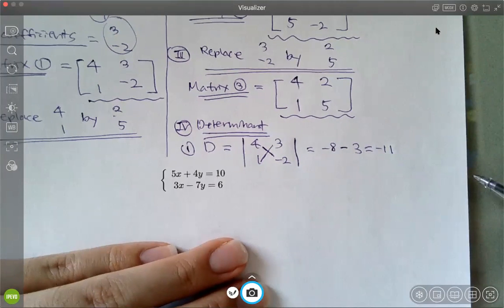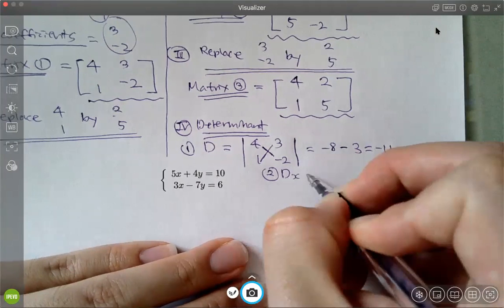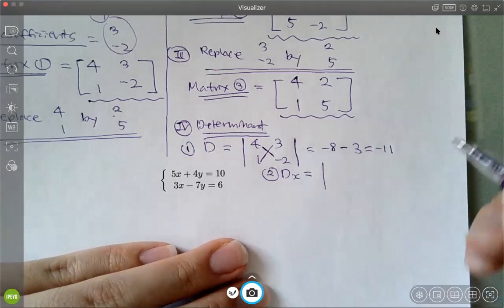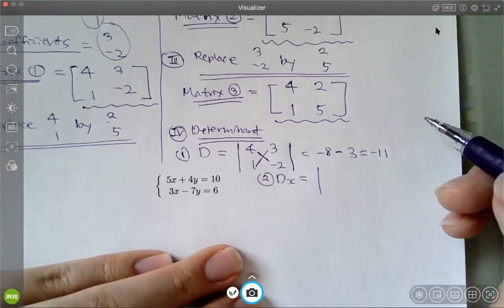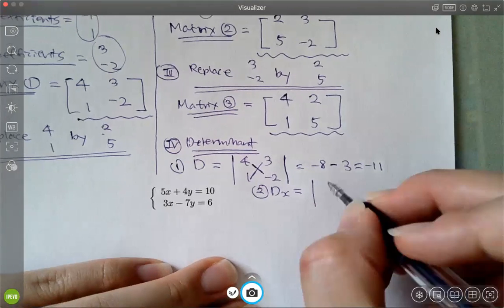Now D sub x. What is D sub x? It's the determinant of matrix number 2, which was 2, 5, 3, and -2.